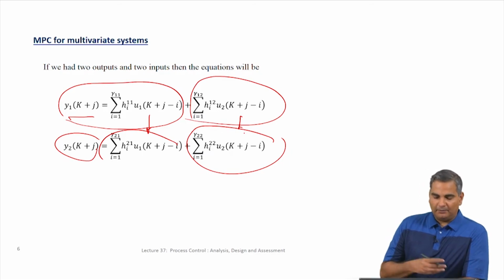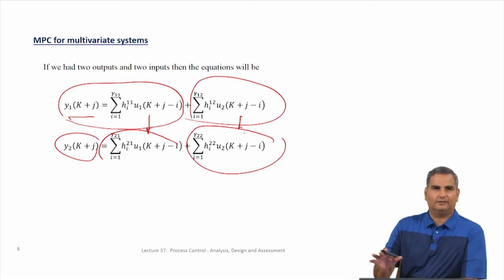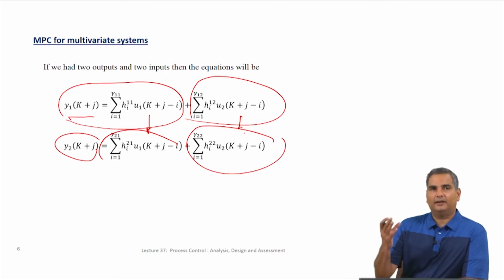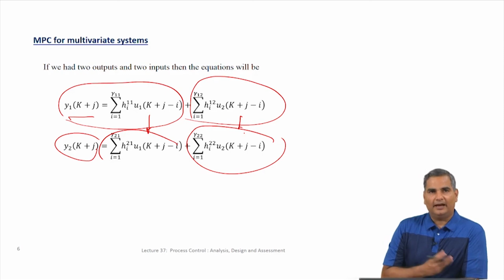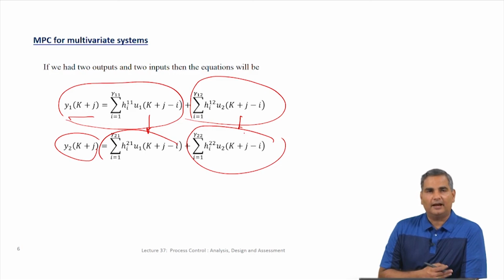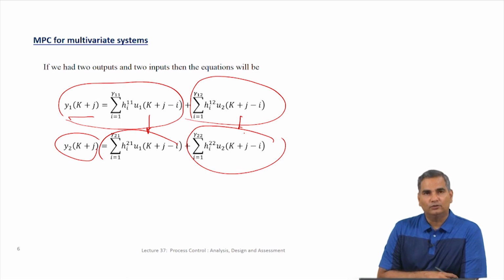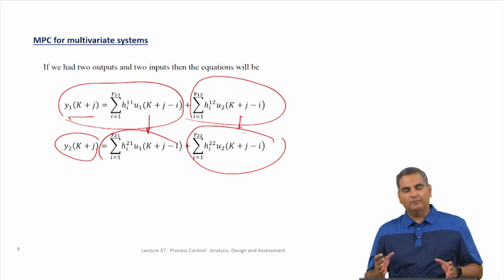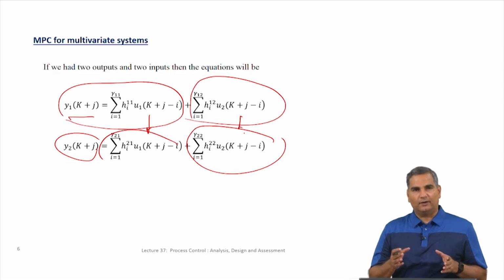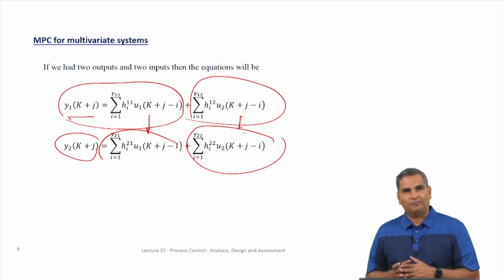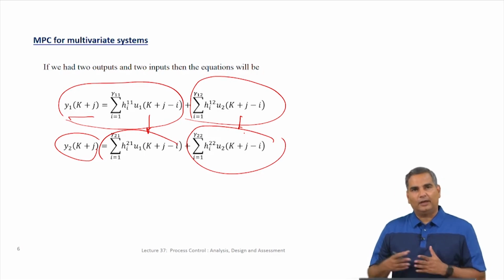Now, in the multivariate case, what will happen is everything else will remain the same, except now if I had single variable and a control horizon of m, I had m decision variables. If I have 2 inputs and if I have a prediction horizon of m, then I will have 2m decision variables to choose values for m values for u1 from the current move till k plus m minus 1, and m values to choose for u2 from the current k to k plus m minus 1.